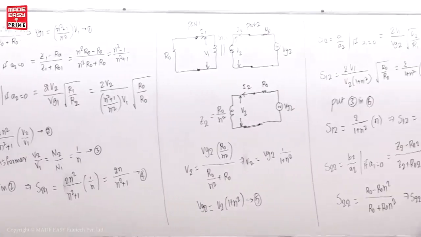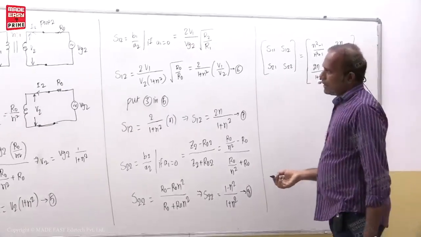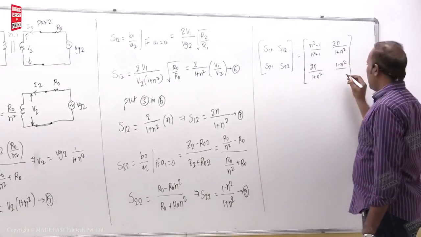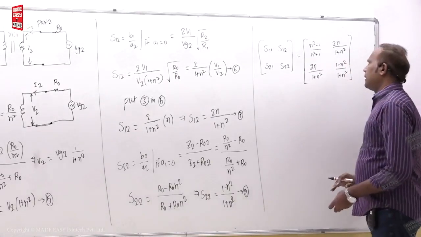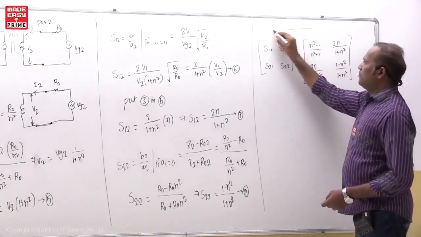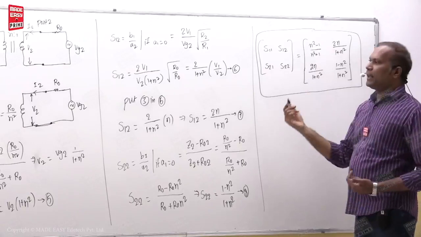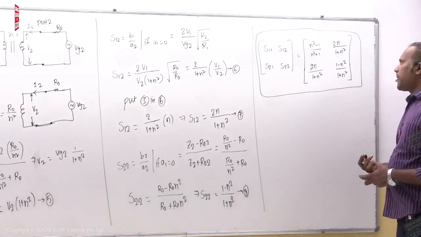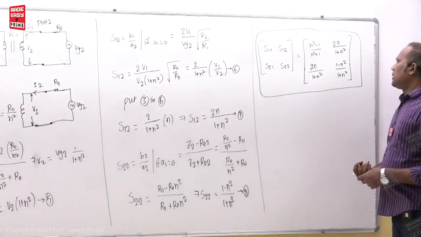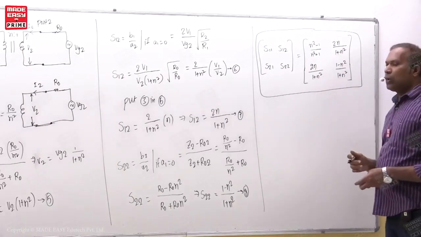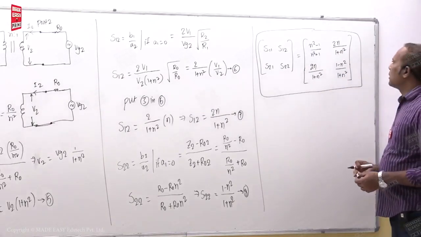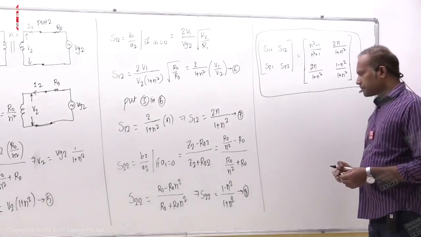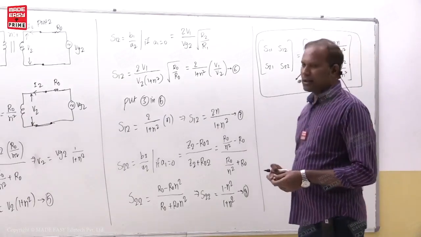Then S22, 1 minus n square over 1 plus n square. This one you remember, dear students, because anytime given you can't do the entire derivation. This is the S matrix of n by 1 ideal transformer. You can see here S12 is equal to S21, so that is reciprocal. This is the derivation of that one.